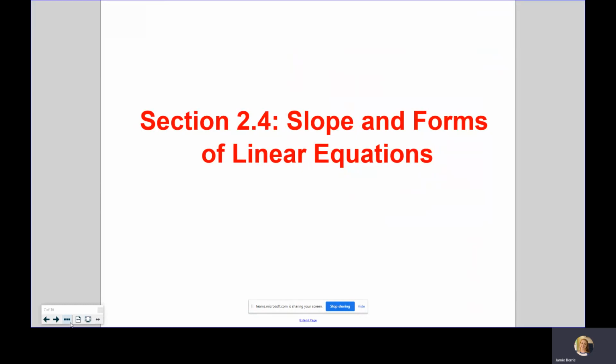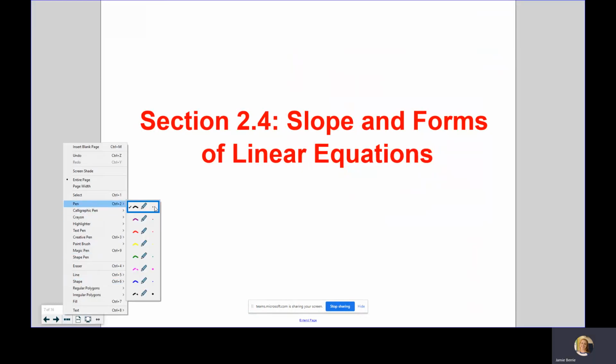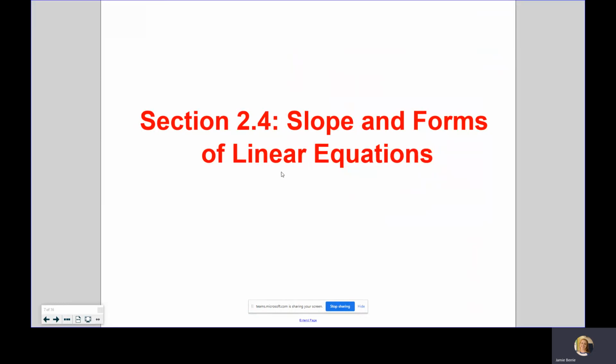Now, we've already talked about standard form, which was ax plus by equals c. And we'll also talk about slope-intercept form and point-slope form.